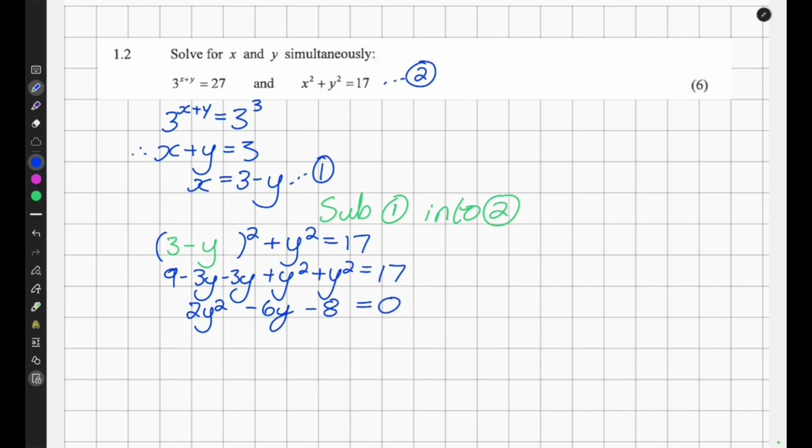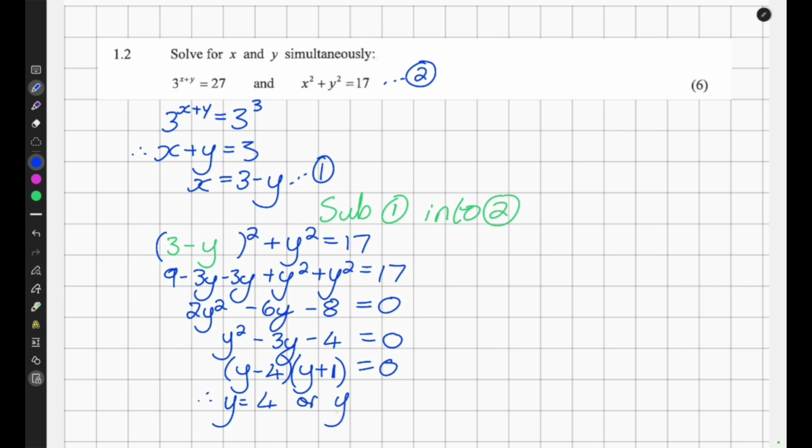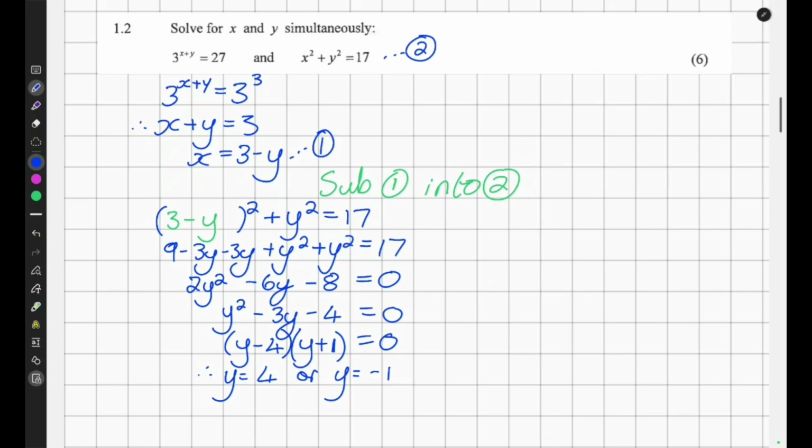Now I can just divide everything by 2, or you can do a trinomial in any way you want, but I like it in simplest form. So there we go, because now I can see this is (y minus 4)(y plus 1) equals 0, and therefore y is going to be equal to 4, or y is going to be equal to minus 1. Now, it solves simultaneously, so I need to now find x as well.